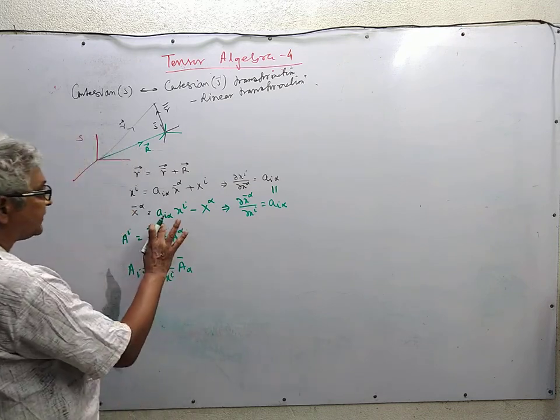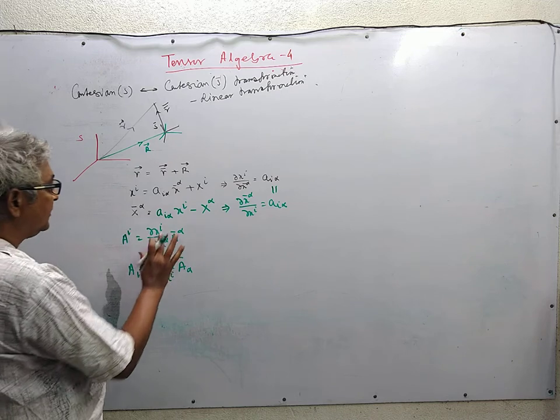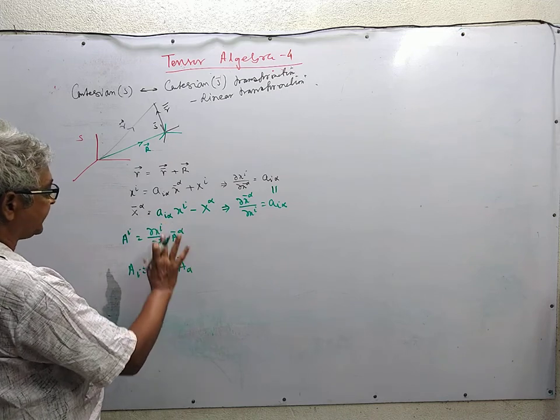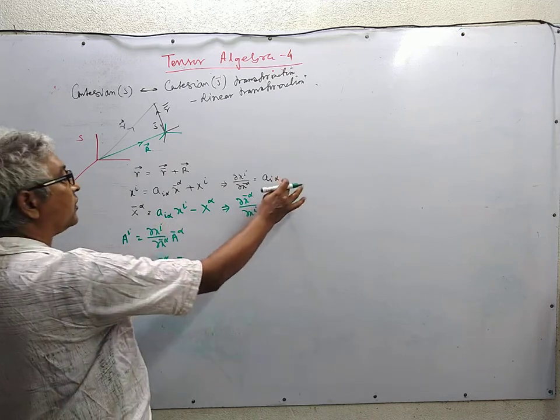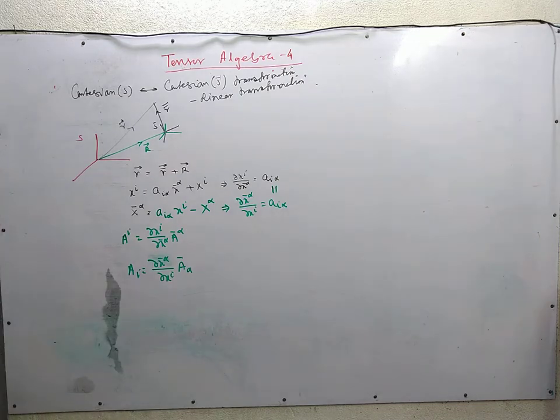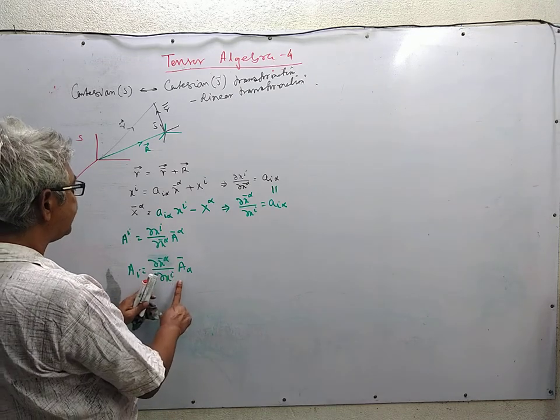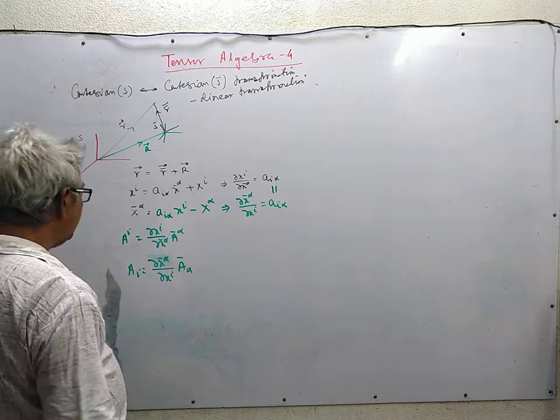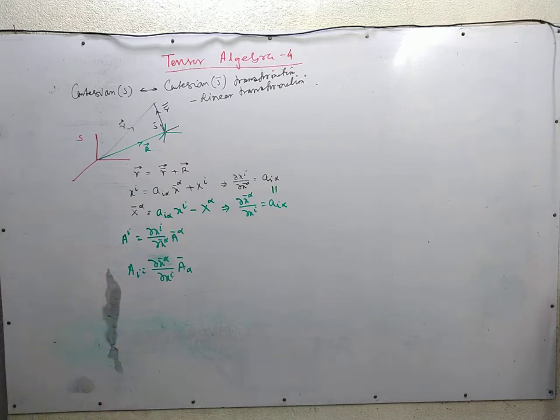So the main difference, apart from notation, is these derivatives. For the general transformation involving two Cartesian coordinates, this is equal to this, in which case there is no distinction between covariant and contravariant vectors. These are known as Cartesian tensors.